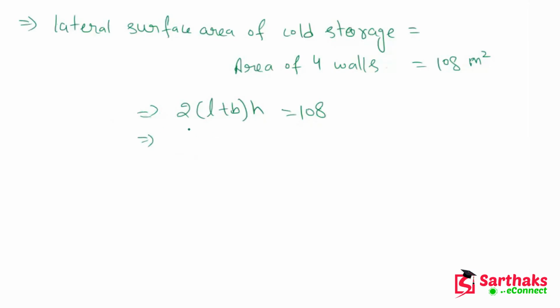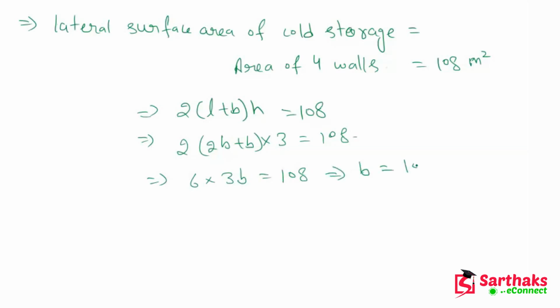So this will become, if we place the value of L, which is 2B, plus B, into the value of H which is 3, equal to 108. Now, 2 into 3 is 6, into 2B plus B, thrice of B, equal to 108. From this, we have the value of B is 108 divided by 3 into 6. We can cancel 6 by 2, it goes 3 times.